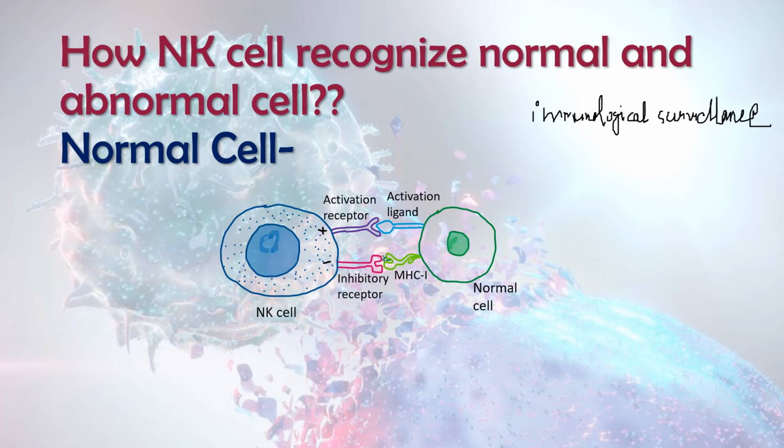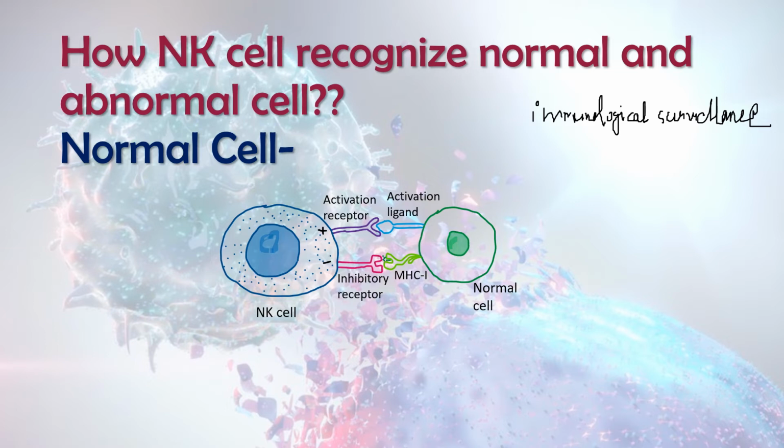So these NK cells provide immunological surveillance to our body, as they roam inside the body here and there, and suddenly, as they get the abnormal cell or infected cell, they kill it.